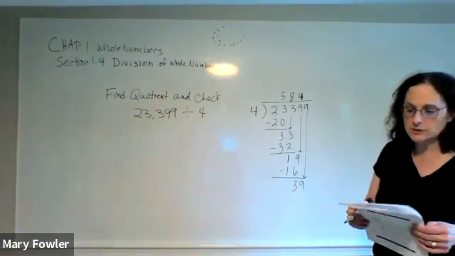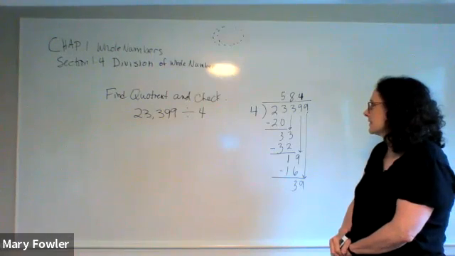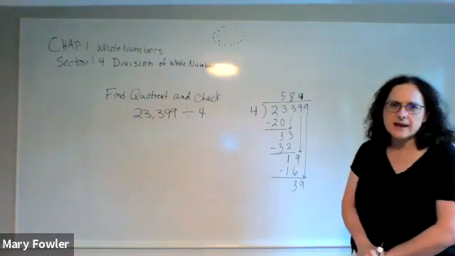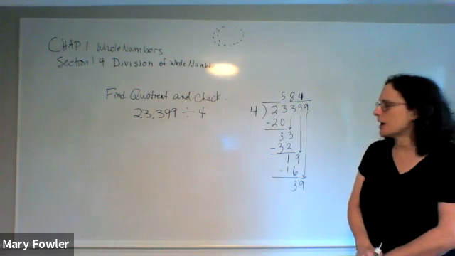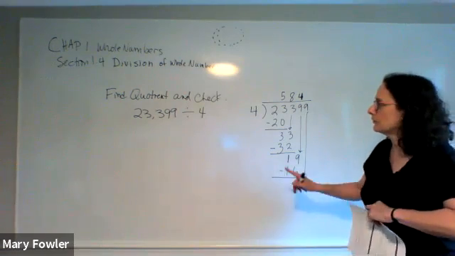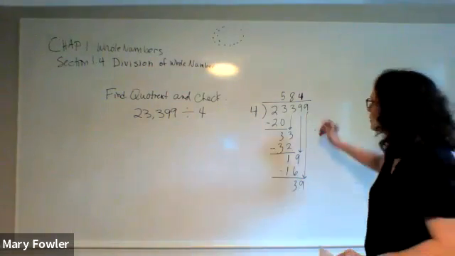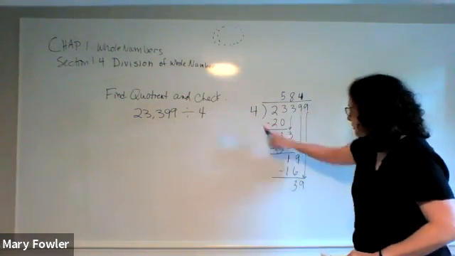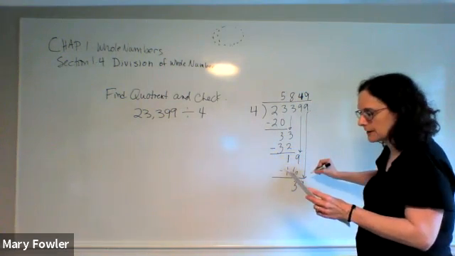So 4 goes into 39. How many times? We said 4 times 8 was 32. 4 times 9 is 36. So that looks good because 4 times 10 is 40 and that's too big. So 4 goes into 39 9 times.